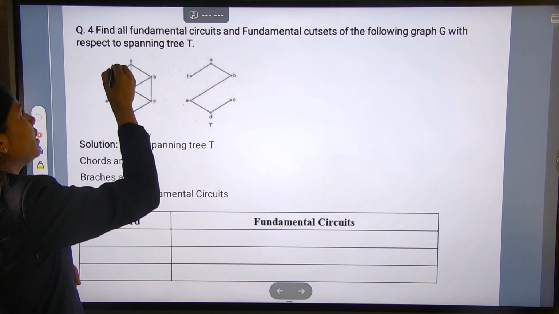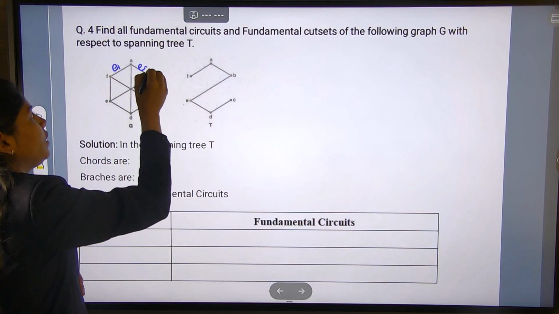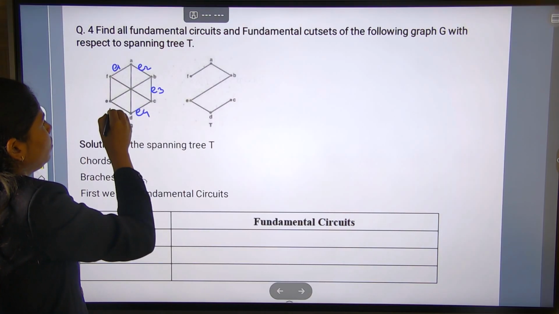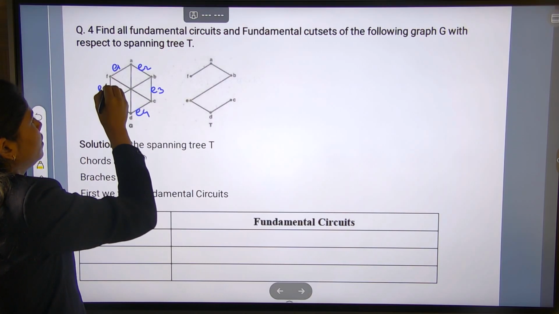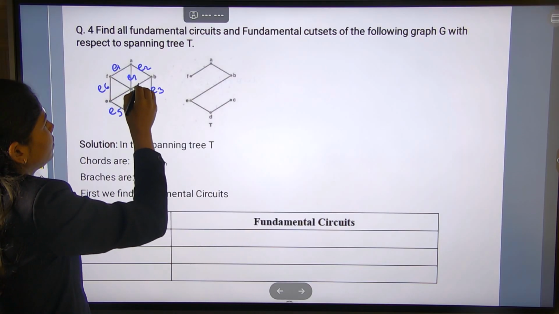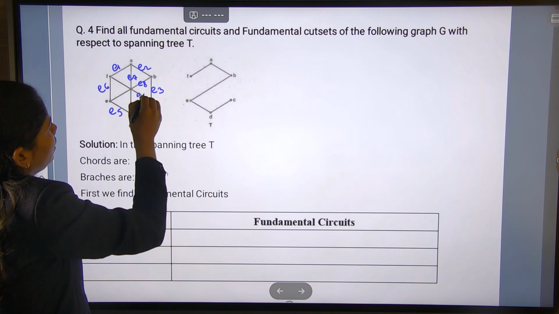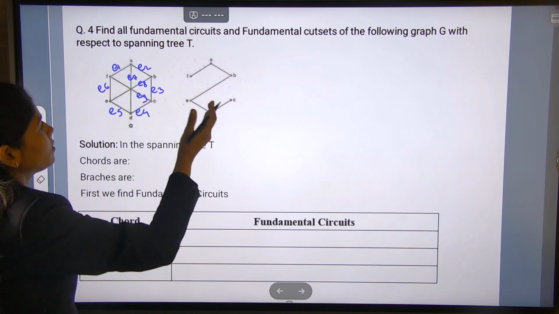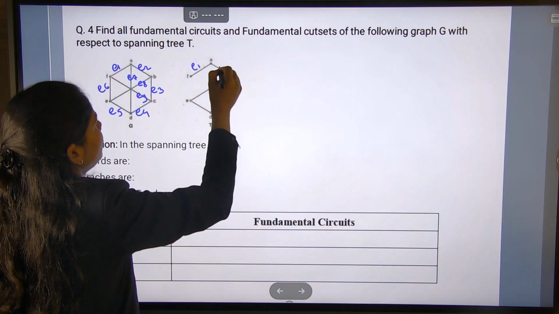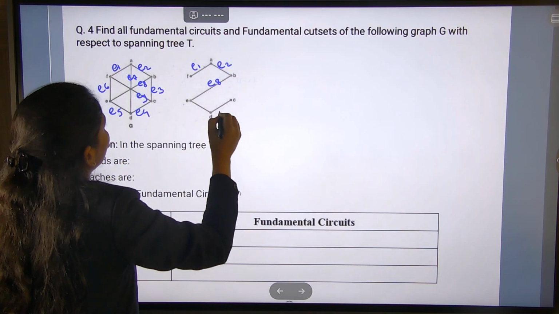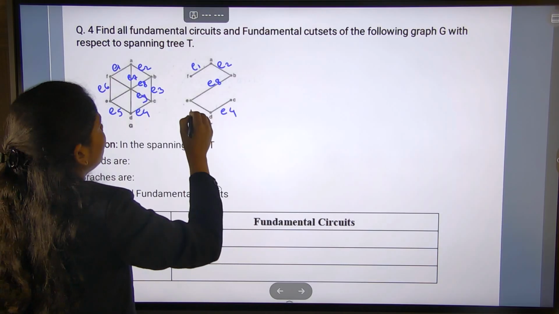So here we will write E1, E2, E3, E4, E5, E6, E7, E8, E9. Total 9 edges are there. In the spanning tree, E1 is present, E2, E8, this one is E4 and E5.